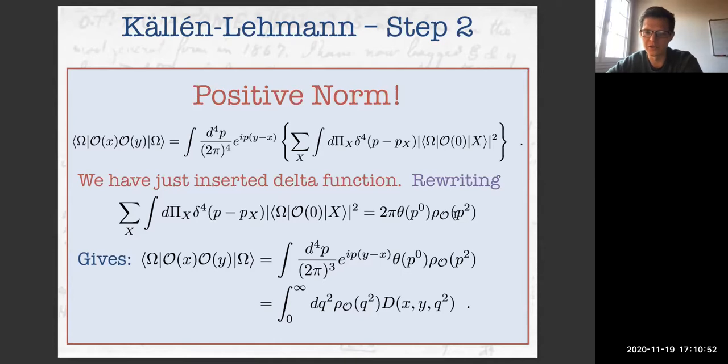We've also used Lorentz invariance here, because this can only be a function of a Lorentz invariant quantity. And so we put this in and relabel these things, so we can rewrite this integral as an integral over all q squared of something which is fundamentally a function of just x and y.